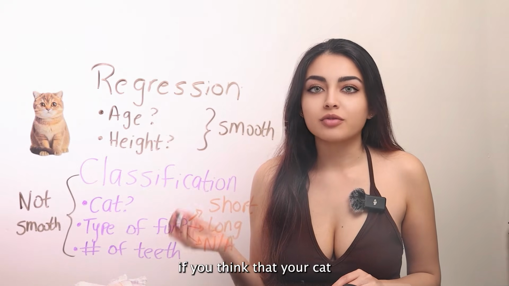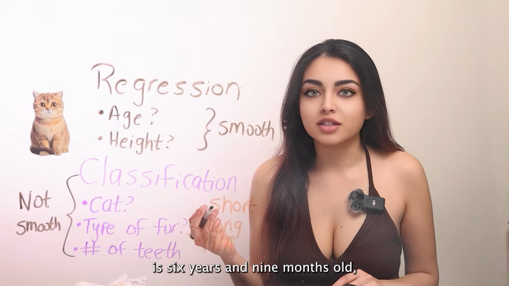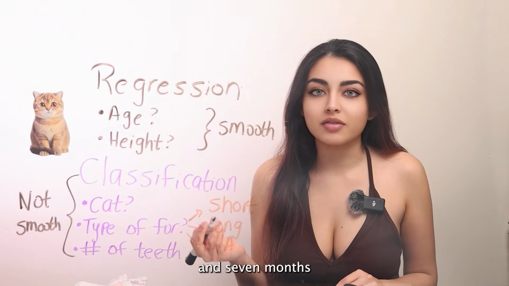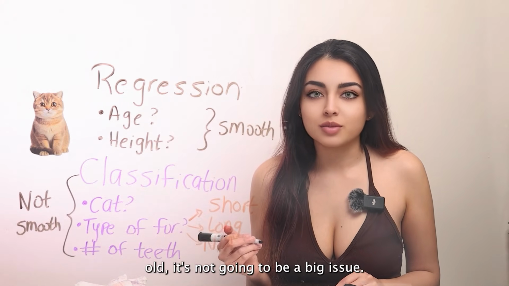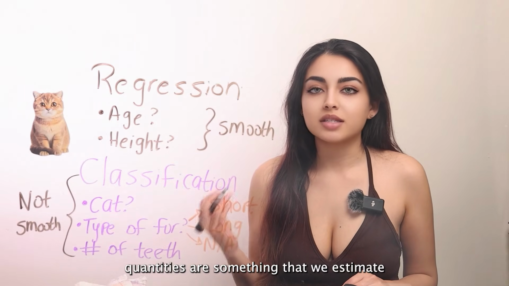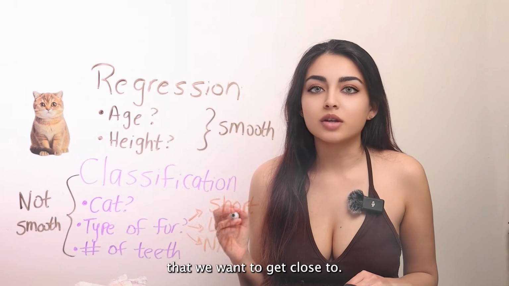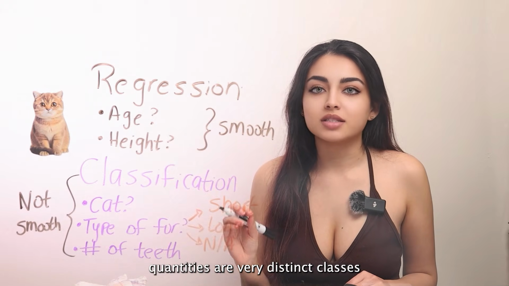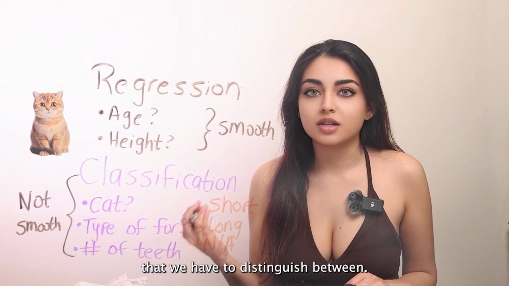For example, if you think that your cat is 6 years and 9 months old, but it's actually only 6 years and 7 months old, it's not going to be a big issue. So regression quantities are something that we estimate and something that we want to get close to, while classification quantities are very distinct classes that we have to distinguish between.